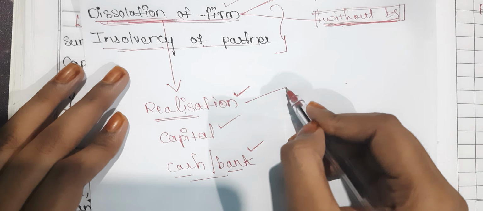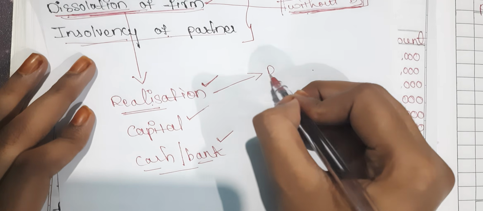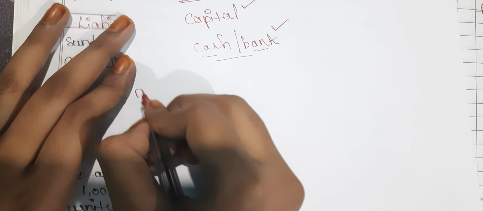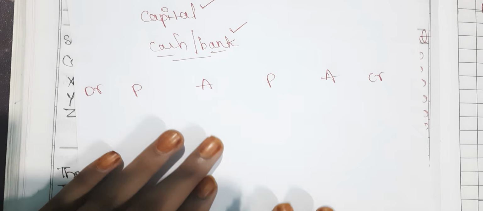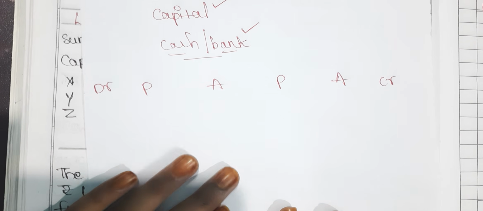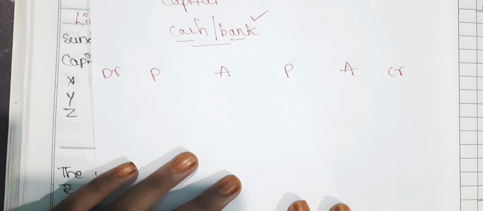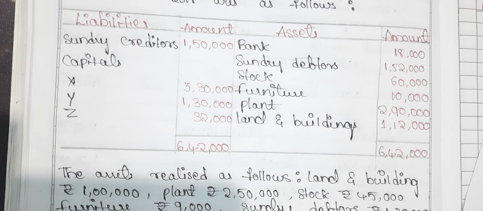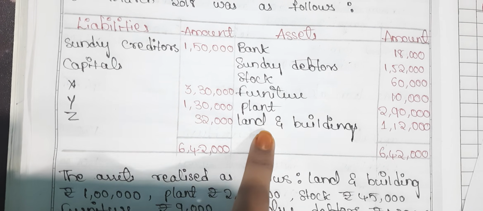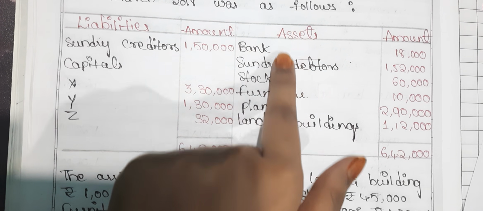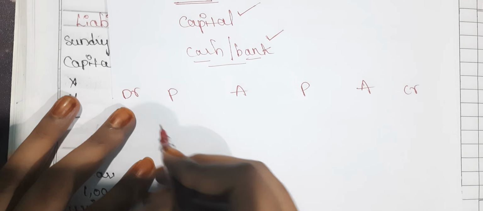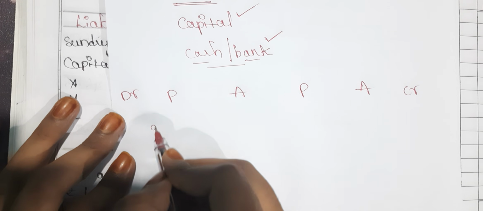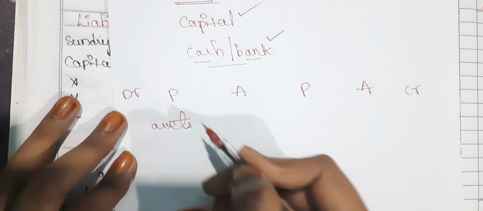So in the realization account, you will have debit and credit. Let me write here clearly: debit side, credit side, particulars, amount. So in this realization account, what entries you need to take, what you should not take, let us discuss. Here they will be giving you the balance sheet in the question. Whatever is on the asset side of the balance sheet, you need to take in the debit side of your realization account.